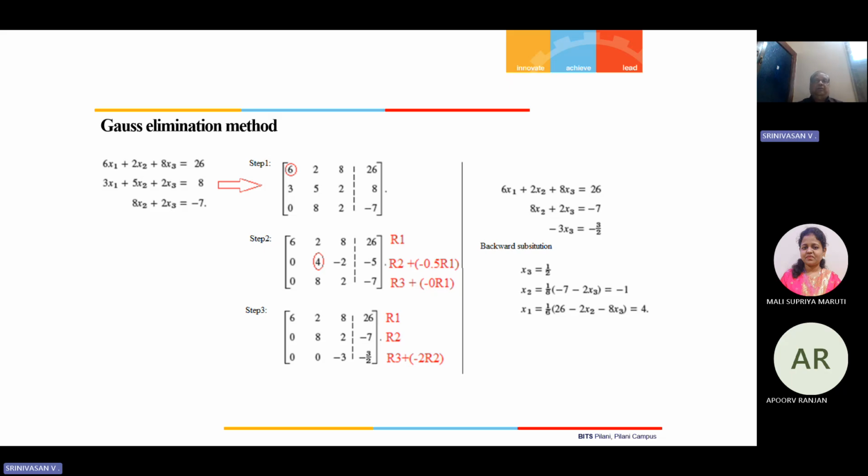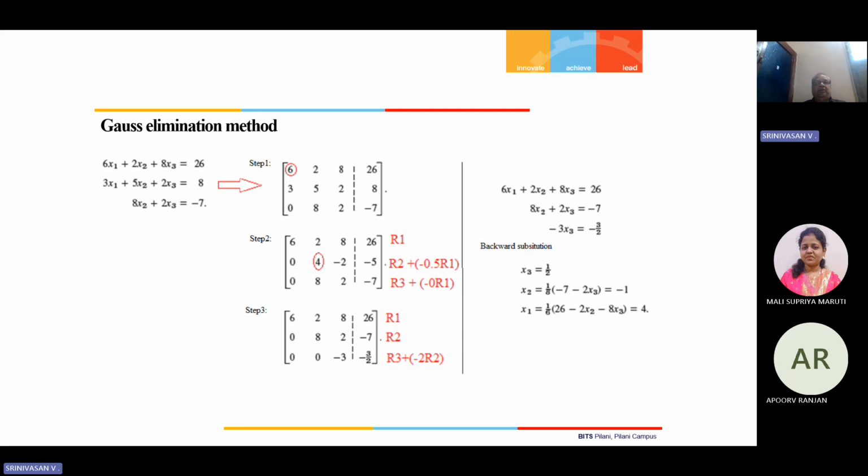Now let's just look at solving a system of three equations in three unknowns. Solve by Gauss elimination method the following equations: 6x1 plus 2x2 plus 8x3 equal to 26, 3x1 plus 5x2 plus 2x3 equal to 8, and 8x2 plus 2x3 equal to -7. That means 0x1 plus, isn't it? When there is no variable, its coefficient is 0. It's understood. Okay.